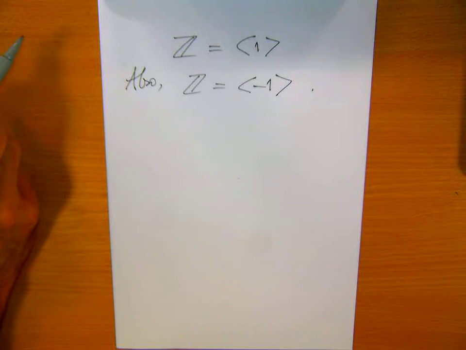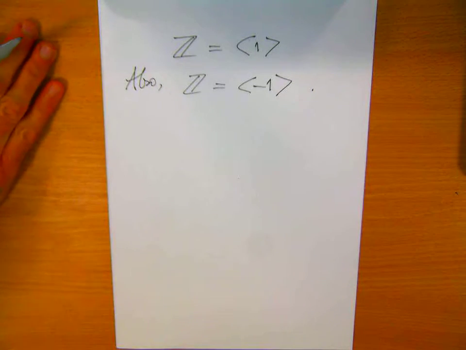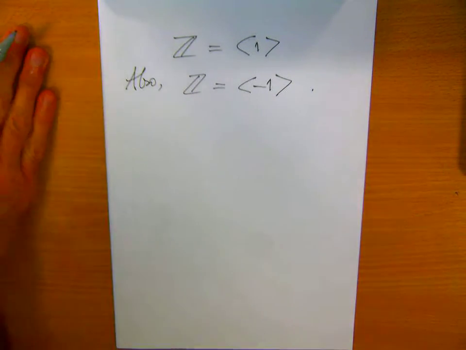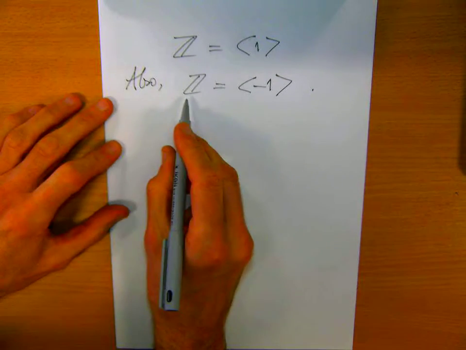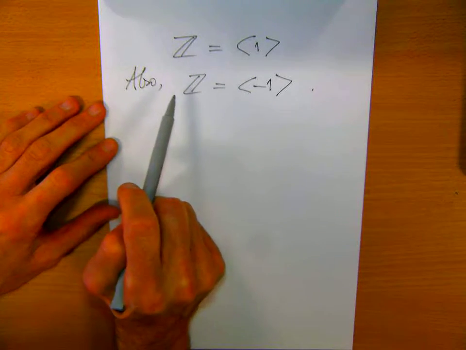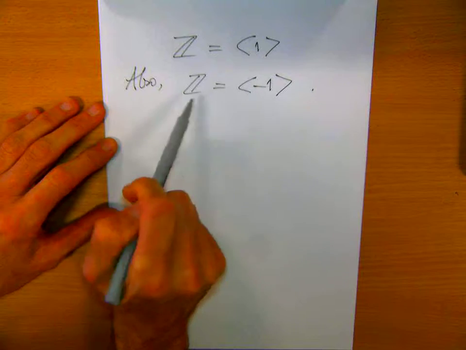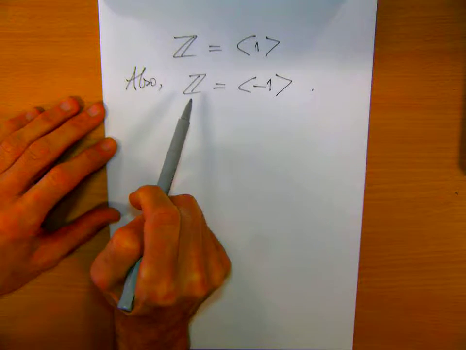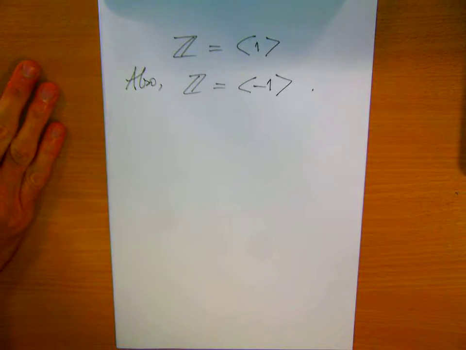You couldn't generate the integers using 2, for instance, because 1 couldn't be written as something times 2. In fact, in general, as I remarked in the tutorials yesterday, if an element generates a group, then its inverse also generates the group. Okay? So if you've got a generator for a cyclic group, then its inverse also generates the cyclic group.